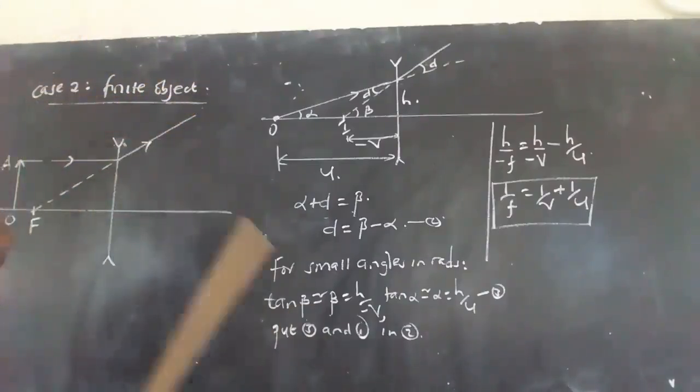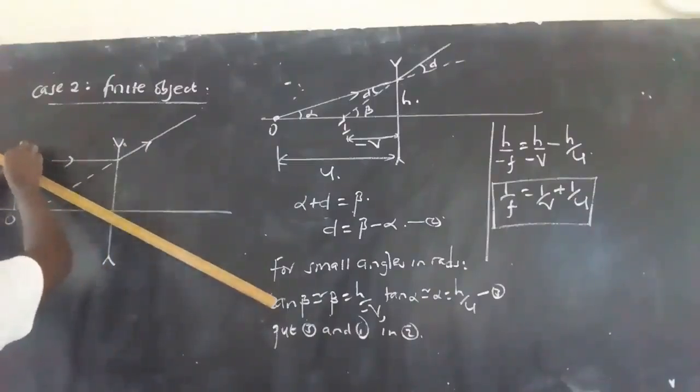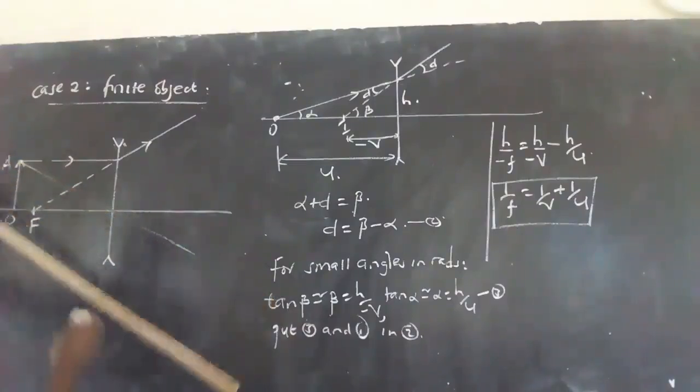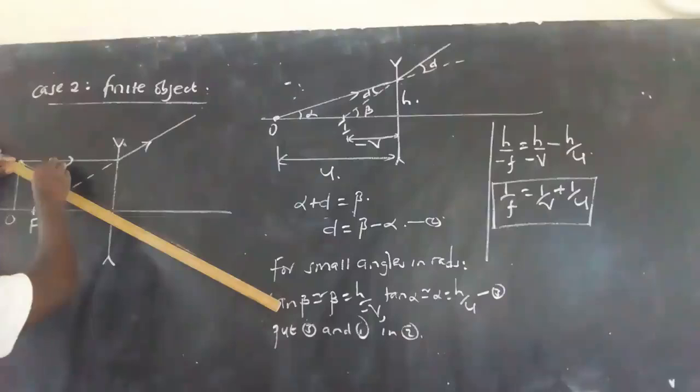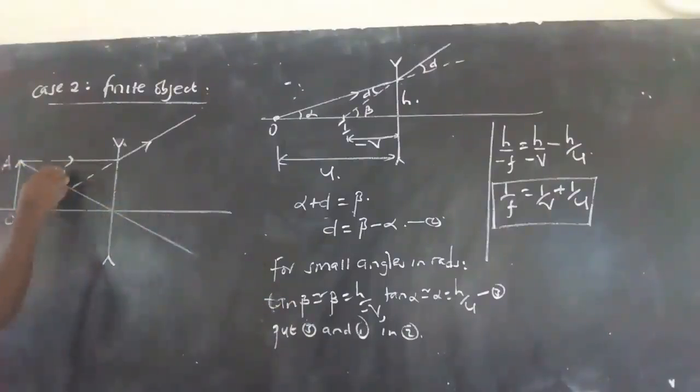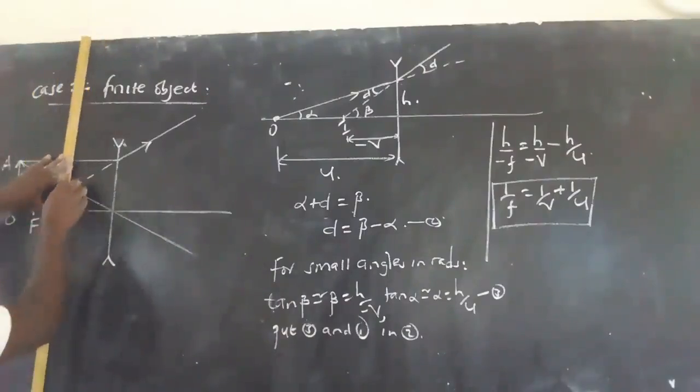Then what next? This one will come like this, like that, like this, where the image is formed here. The image is formed here.